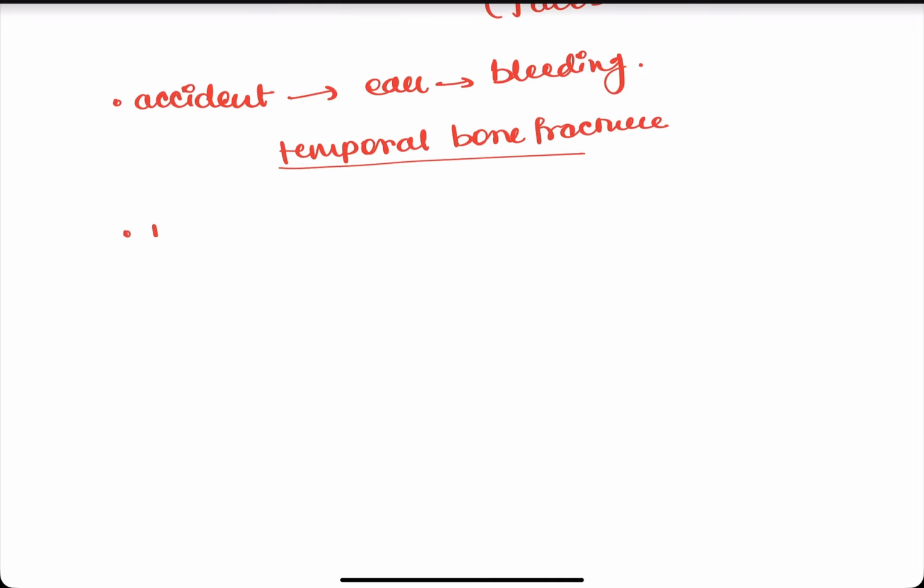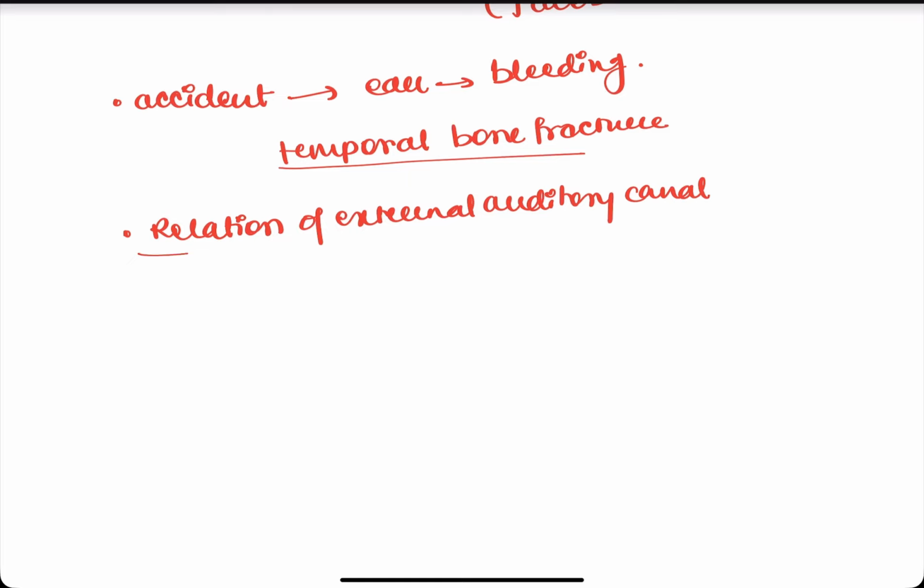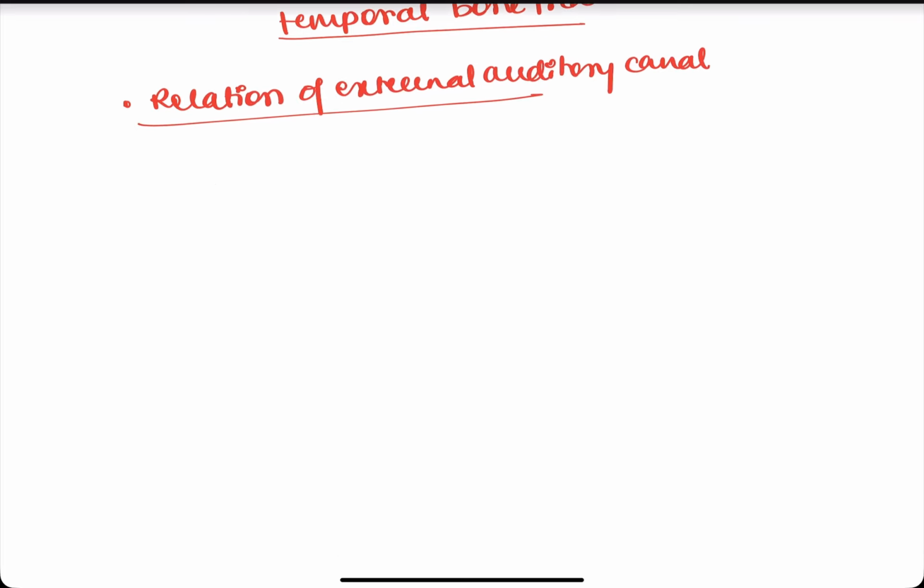Now let's see the relations of the external auditory canal. Our external auditory canal has four boundaries, that is superior, inferior, anterior and posterior.